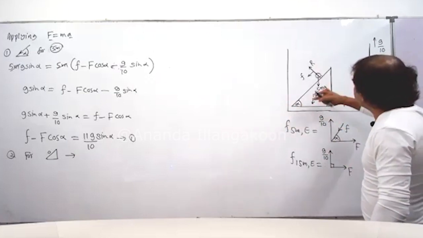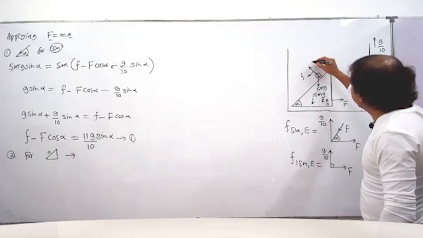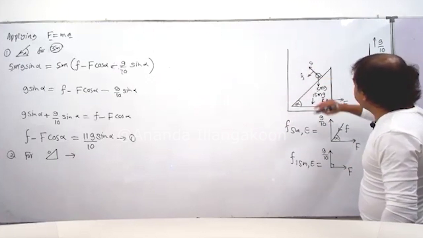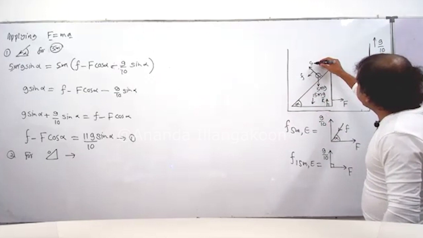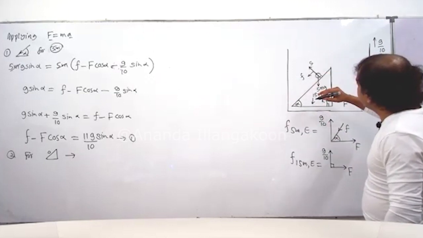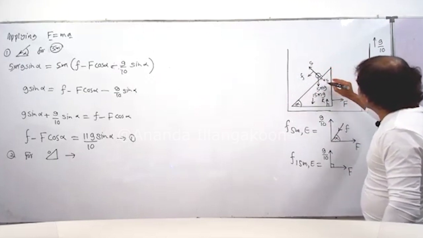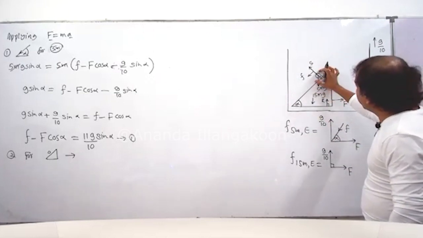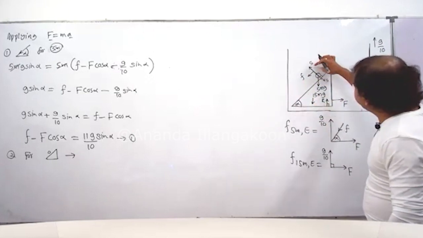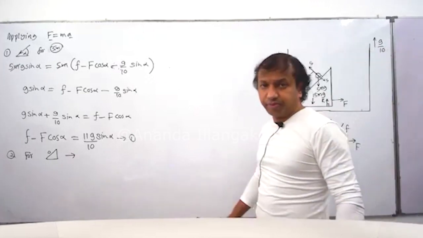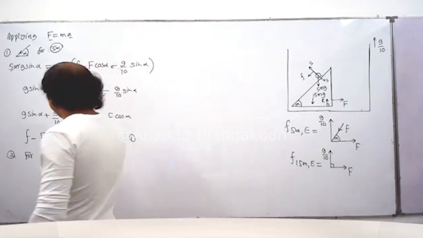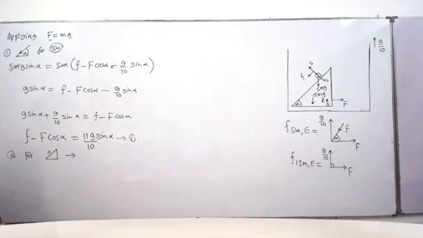I take this as S. This S force acting on the particle is the same as that on the wedge. When we consider wedge and particle both as one object, this S and this S cancel off. Then we can say external force is 0.